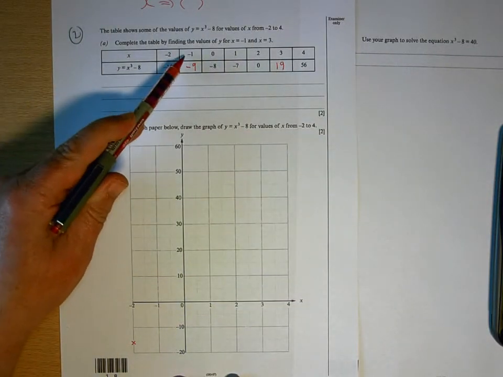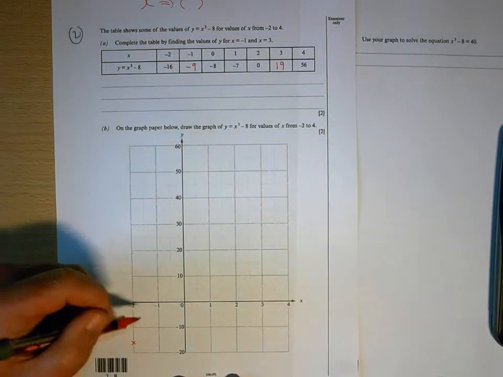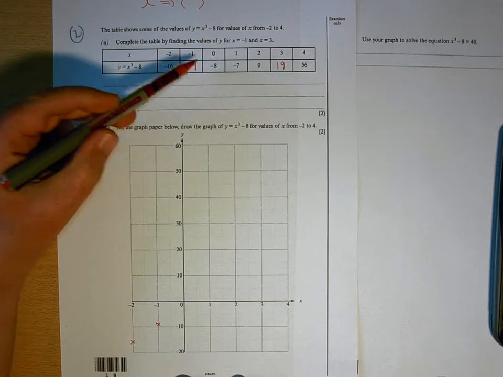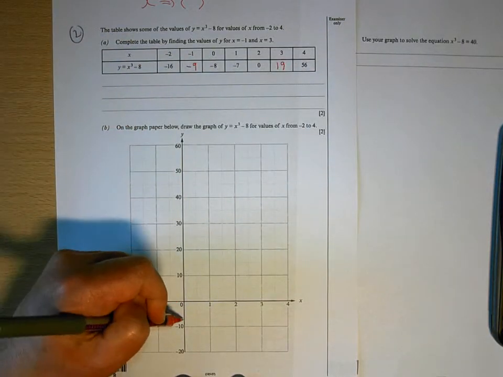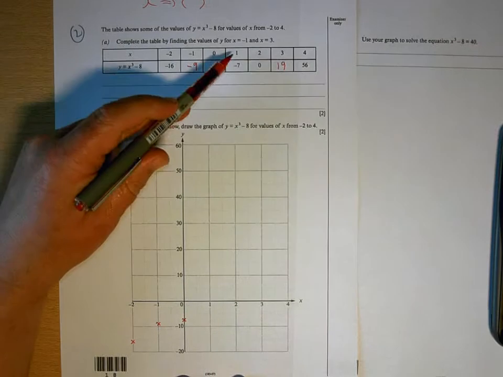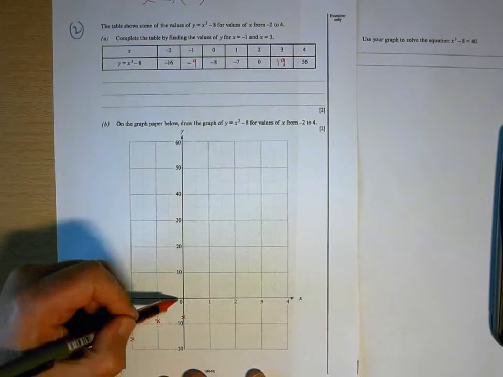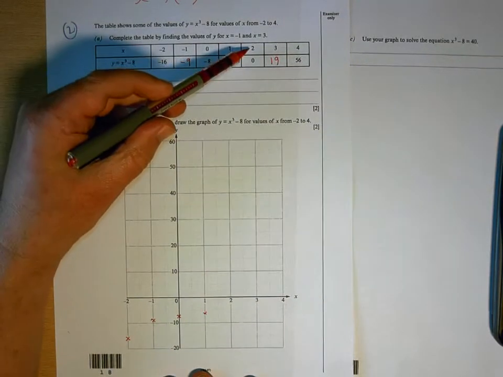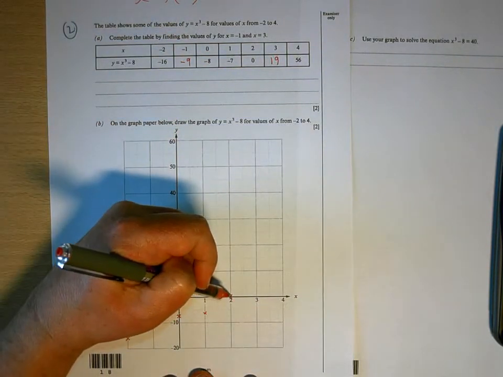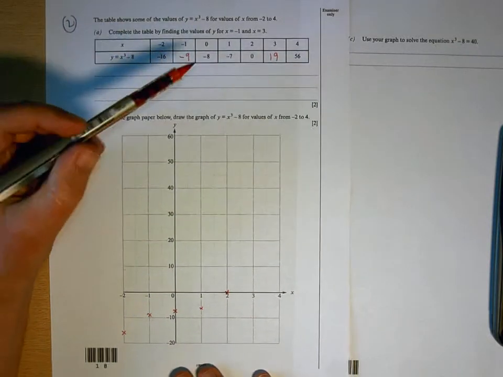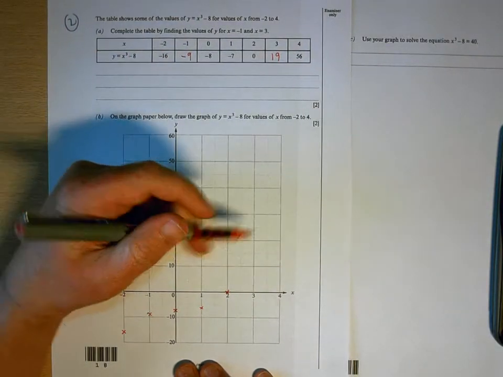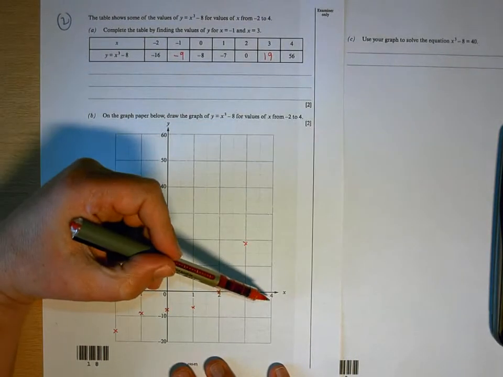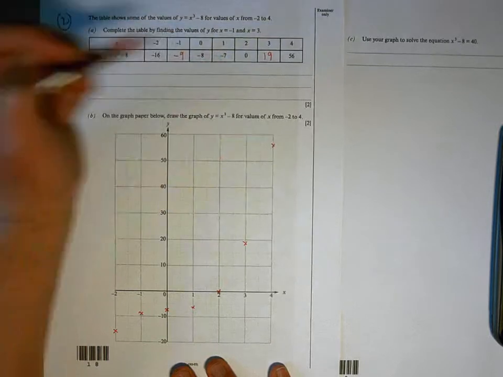Then I'm going to go from -1 across to -9 down, 0 across, -8 down, 1 to -7, across 1, down 7, across 2, y 0, so it's just on the x-axis, across 3 up to 19, which is about there, and across 4 up to 56, which is about there.